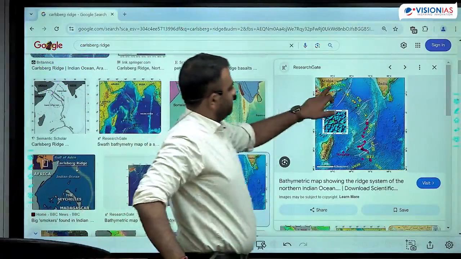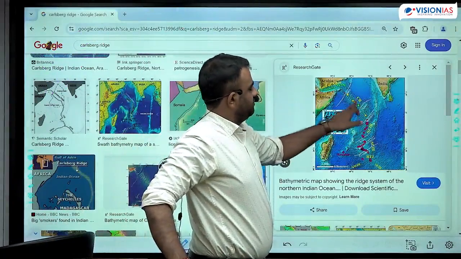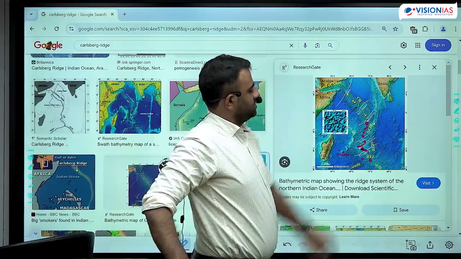Can you see this part? There's a mid-oceanic ridge here. This is moving in this direction, this is in this direction. Carlsberg Ridge.